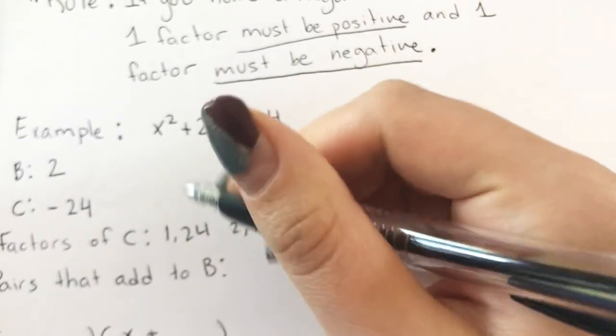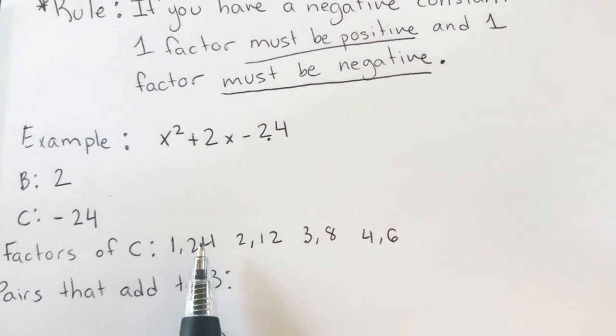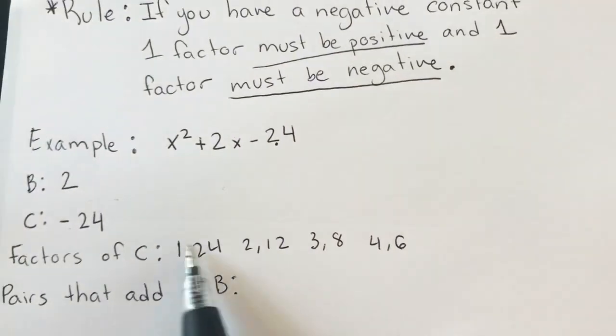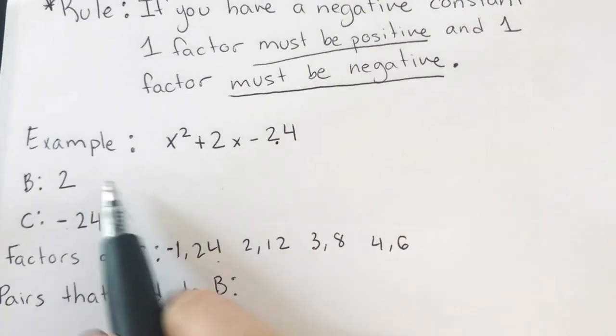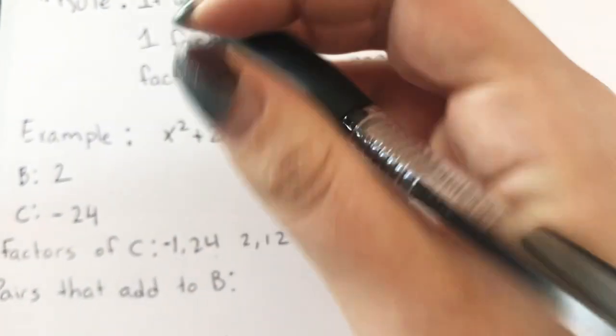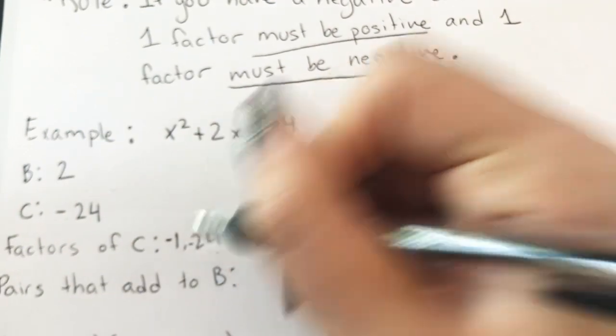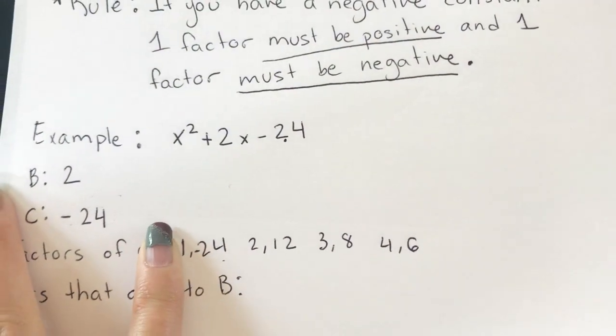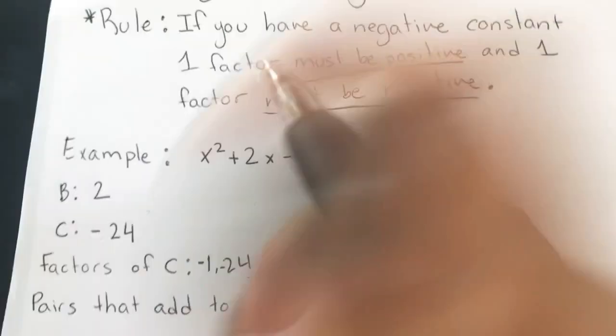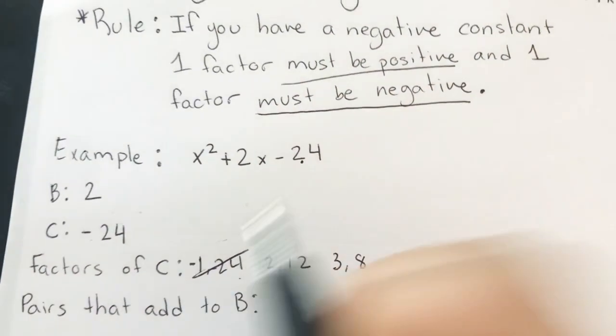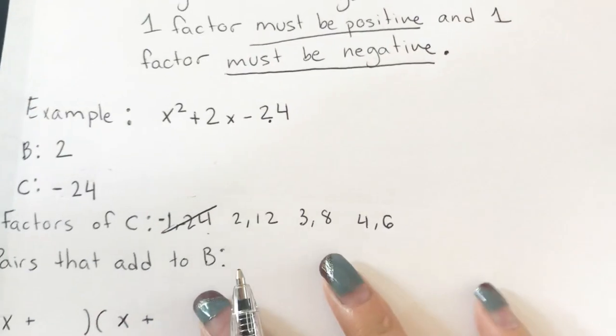I can take turns assigning negatives to each value. So is negative 1 plus 24 2? No, it's not. If I then flip it around and I do negative 24 plus 1, is negative 24 plus 1 2? No, there's no way I can combine those two numbers, negative or not, and get the b value of 2.